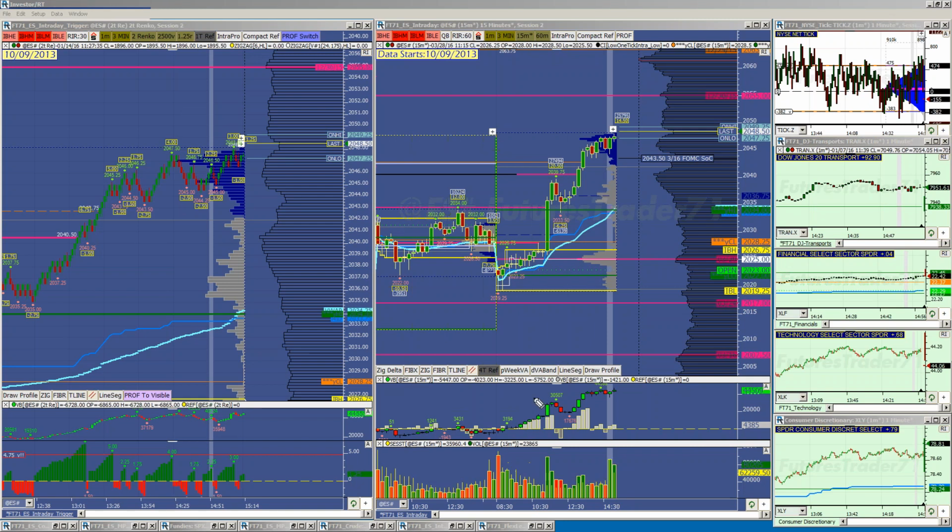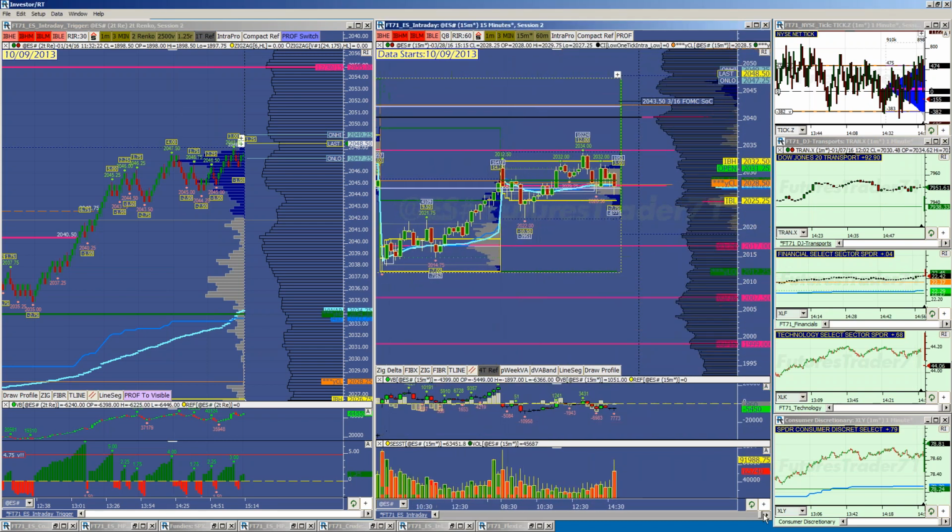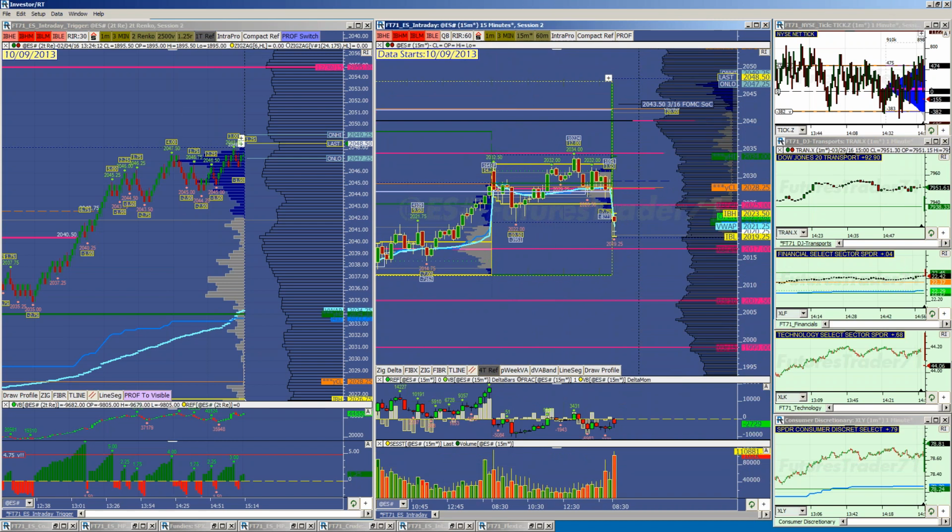Today is special because of the Fed announcement, but if you look back through time at these yellow average bars, that tells you what it's done over the last 20 days at each time slot. And look at how it always breaks down and then picks back up. It's doing that every single day.